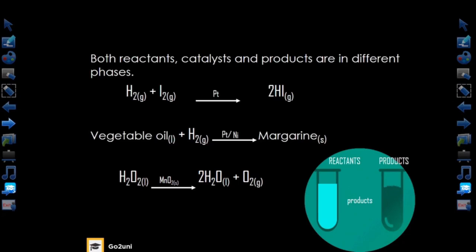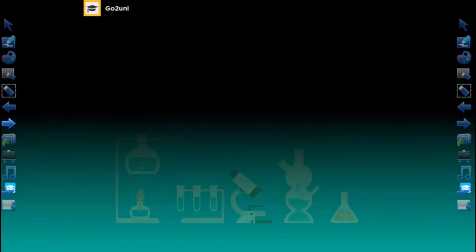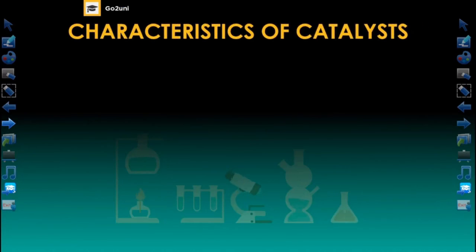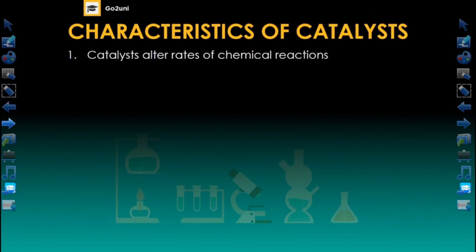Hetero, not the same. So, looking at homogeneous and heterogeneous catalysis, let us consider the characteristics of catalysts.